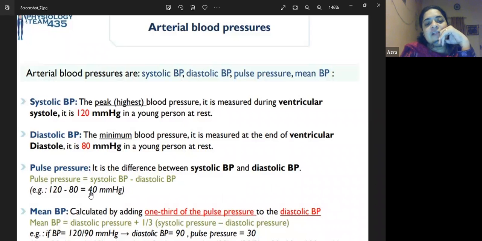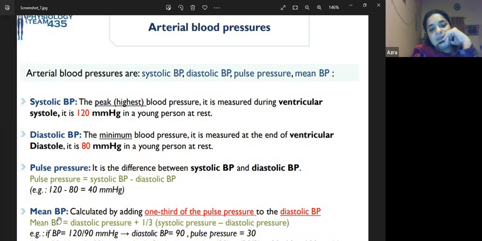So the pulse pressure is 40. This is the formula of pulse pressure: pulse pressure is equal to systolic BP minus diastolic BP.